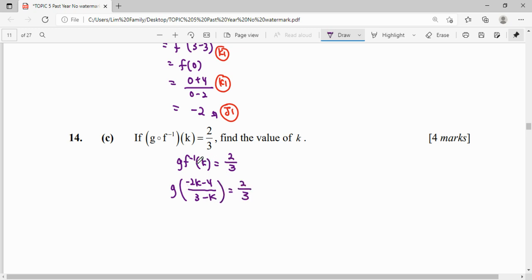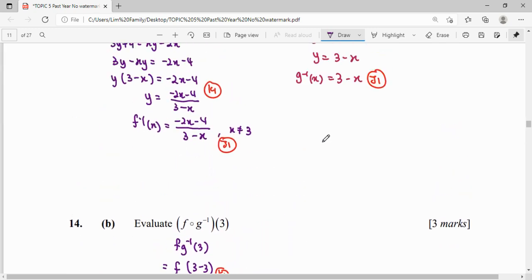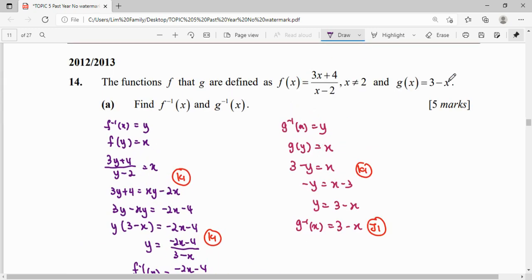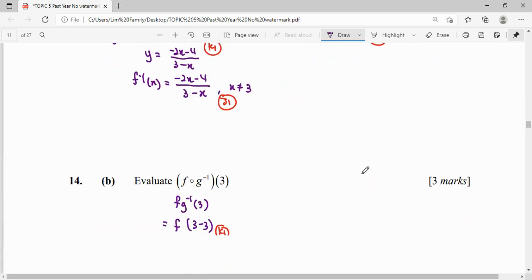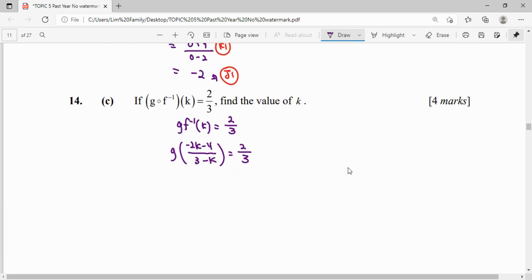After that, we're going to substitute this fraction into our function g(x). So we'll substitute the fraction in the x place here. Therefore, we will get 3 minus this fraction. So we're going to simplify it.